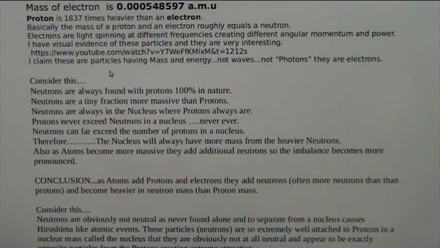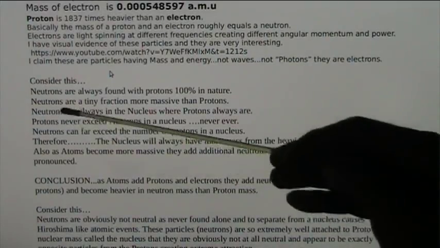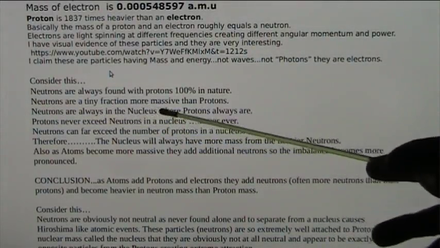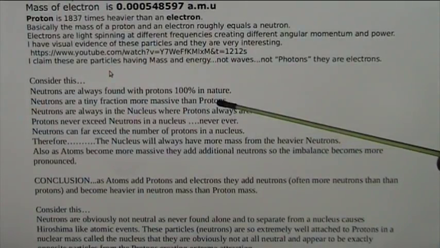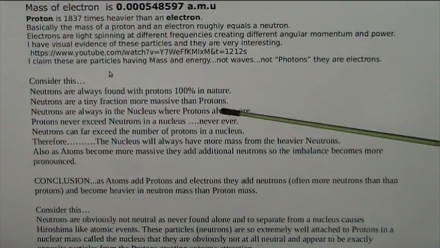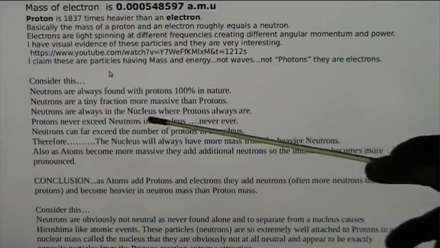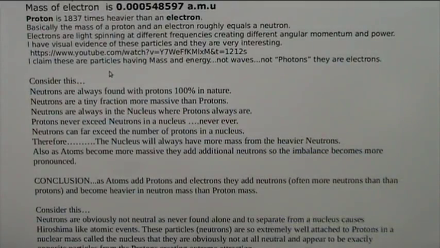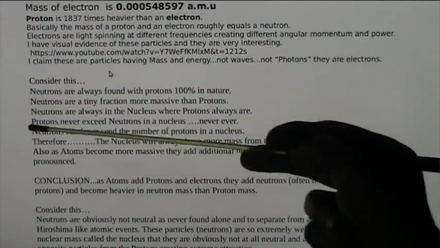Now, here's what you have to consider. Neutrons are always found with protons, 100%. They don't ever leave a proton. Neutrons are a tiny fraction more massive than the protons, as we saw. Neutrons are always in the nucleus where the protons are, both stuck in the center, the core.